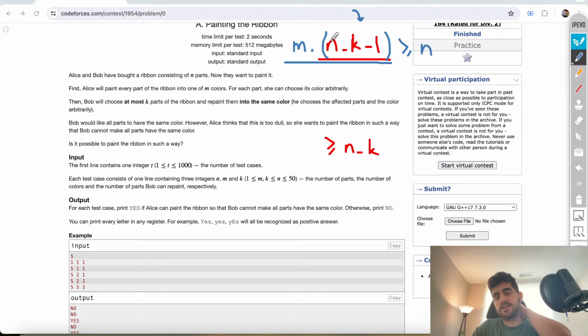All of them are at most n minus k minus 1, so you need at least to change k plus 1 cells, right? Therefore, here you are sure that nothing will cause a problem. So if m times (n minus k minus 1) is greater than or equal to n, the answer is yes, otherwise the answer is no. Okay?